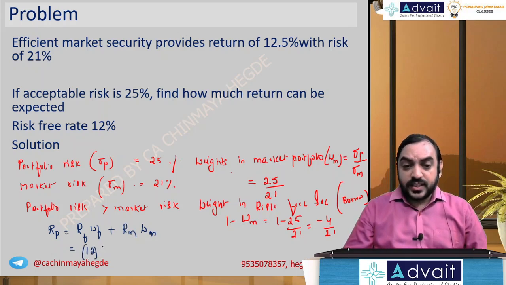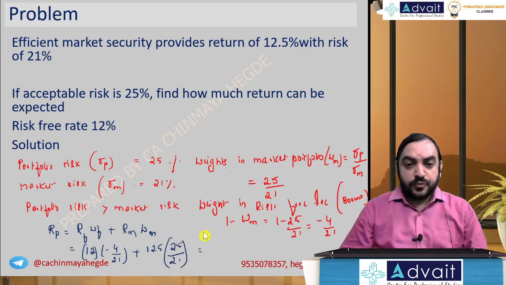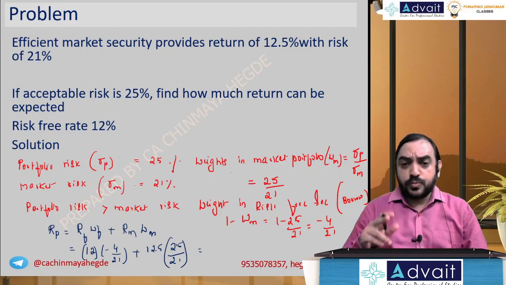Its weight we just calculated, minus 4 by 21, plus the market return. Efficient market provides 12.5% return, and the weight of the market is 25 by 21. So 12 into minus 4 by 21 minus 2.2857, let's say minus 2.29.